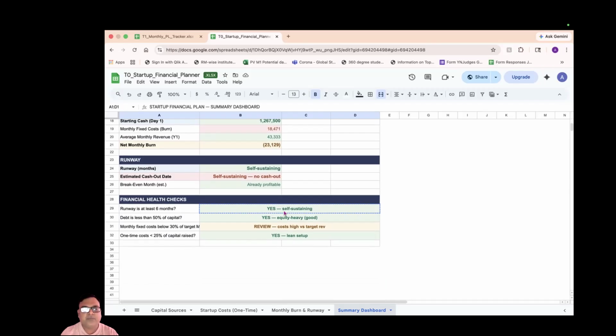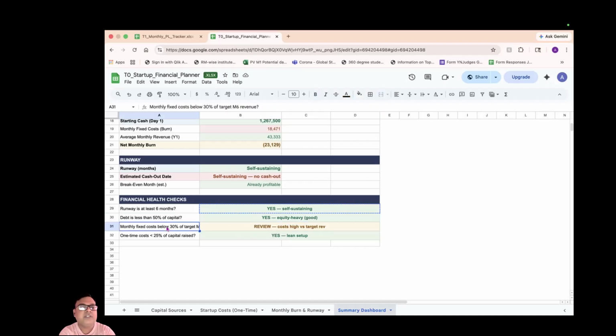Okay, so very simple. So there's some formula that we have actually created. Runway is at least 6 months or not, and you will always get an answer. Yes, it's self-sustaining. So you can do all these with Excel. Debt is less than 50% of the capital. Yes or no. If it is yes, equity heavy, this is good, right?